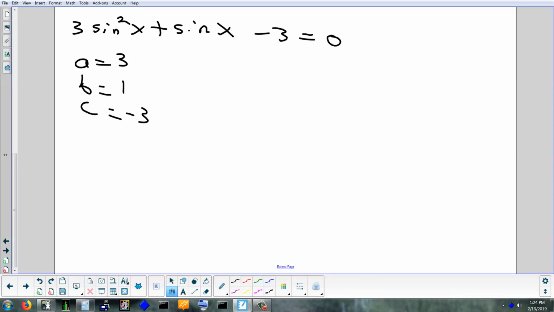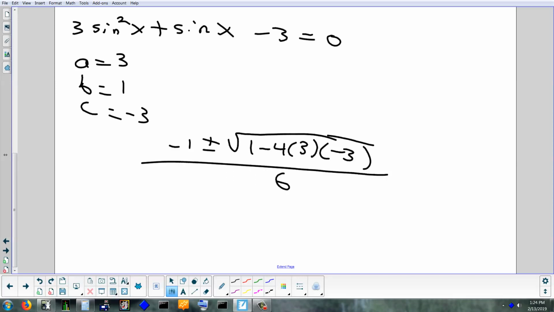What's the first thing we write in the quadratic formula? Negative b plus or minus the square root of b squared minus 4ac over 2a. And I did all that as he told it to me. Now do all that. You have minus a minus, so just make that a plus.